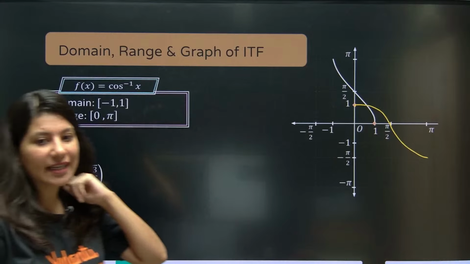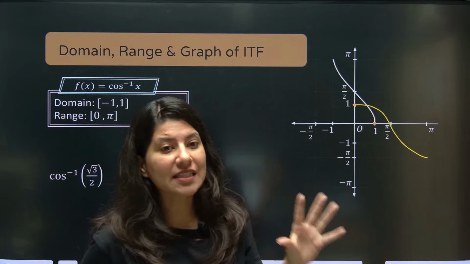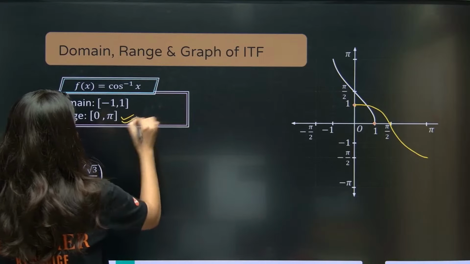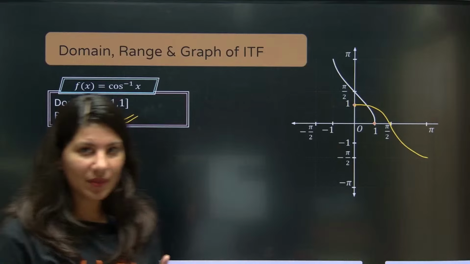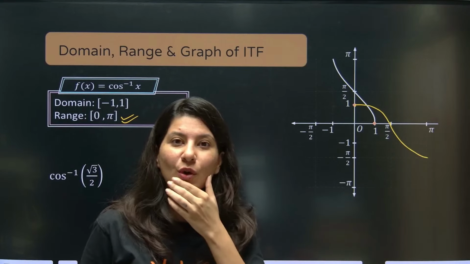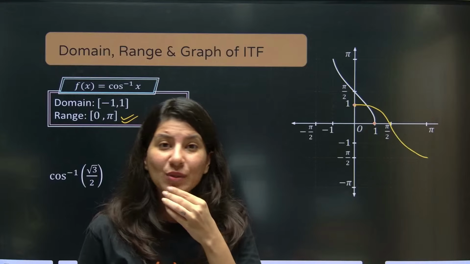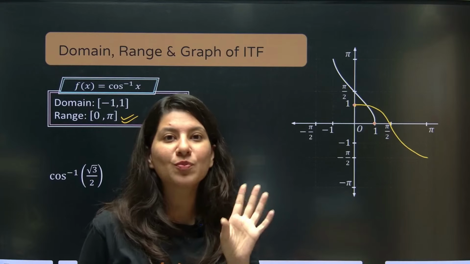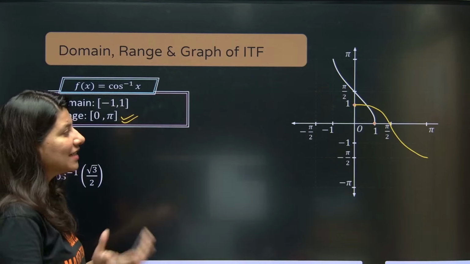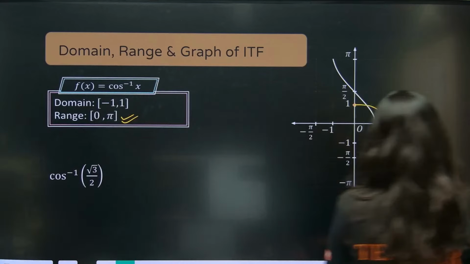Why first and second? Because the first quadrant is the primary thing. Now we have to think about either second or fourth. In the fourth quadrant cos is positive, so we have to leave the fourth quadrant this time. We have to stick to the second, because in the second quadrant cos is negative. So my graph is also first and second quadrant.